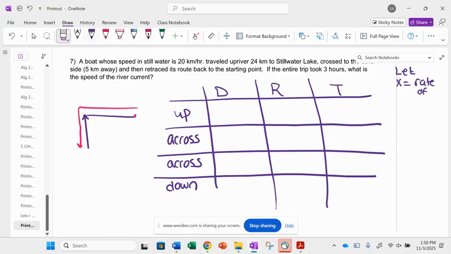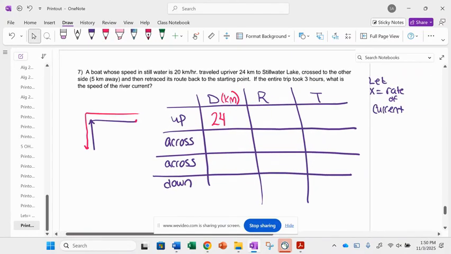Look good. So a boat whose speed in still water is 20 kilometers per hour traveled upriver 24 kilometers. So what is our distance upriver? 24. And then it crossed to the other side 5 kilometers away. So our across is 5.